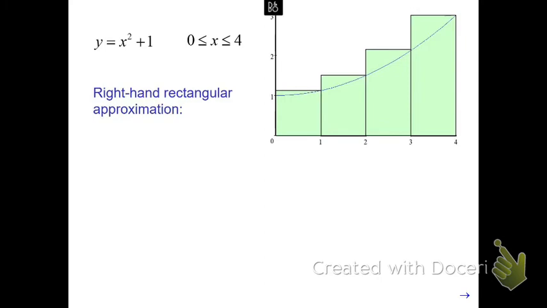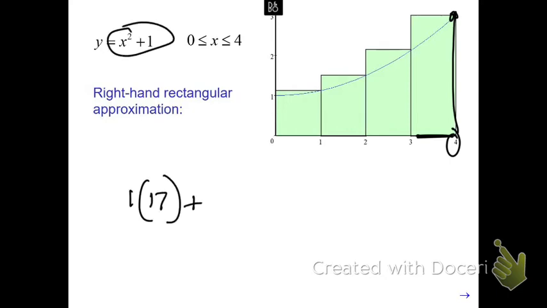So now, calculating a right Riemann sum, I'm going to start on the right side and find the area of each rectangle. So it's a width of 1 and a height of whatever you get when you plug in the 4. So when we plug in a 4 here, we'd get 17. Then we're going to do the next rectangle. It also still has a width of 1 and a height of whatever you get when you plug in 3, which is 10.